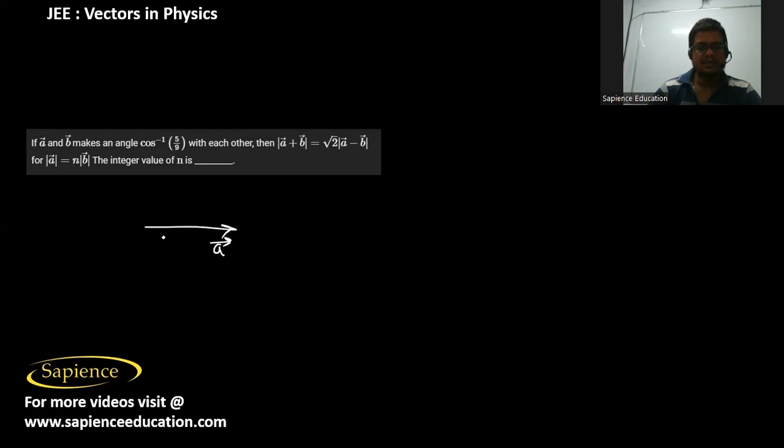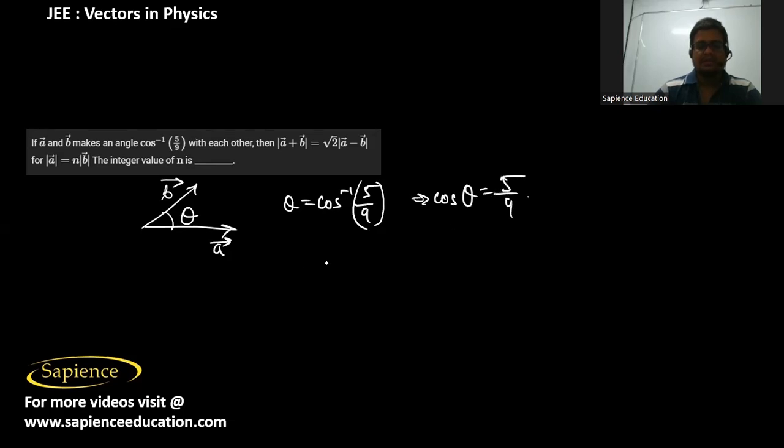So A and B have the angle theta in between them, and theta is given as cos inverse of 5 by 9. It means cos theta is equal to 5 by 9. And it is told magnitude of A equals n times magnitude of B, and magnitude of A plus B is equal to root 2 times magnitude of A minus B.